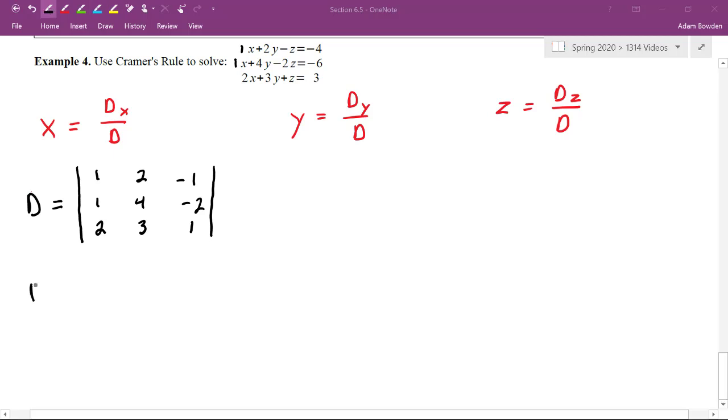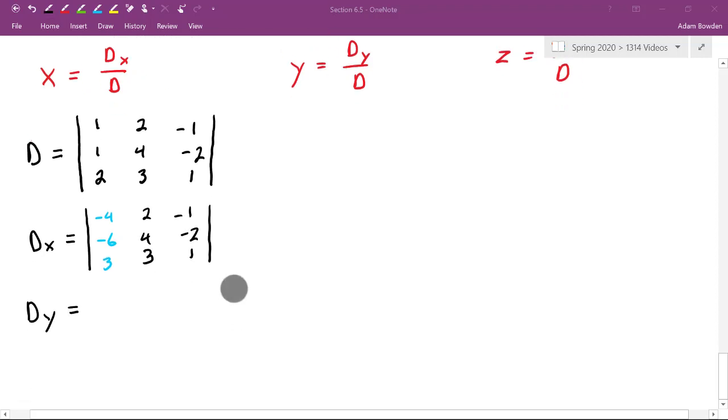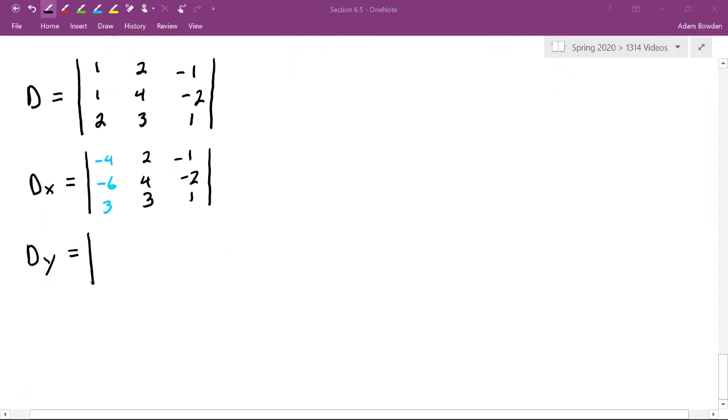Let's go ahead and set up dx. Same idea, but down the x column I'm going to put -4, -6, and 3 from the constants in the equation. The second column stays the same, third column stays the same. For dy, we'll put those constants down the y column.